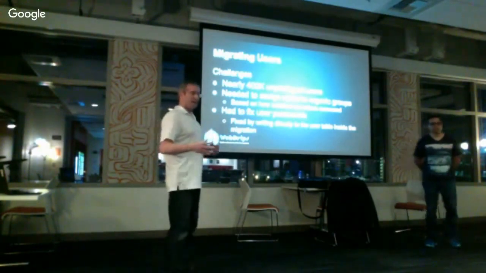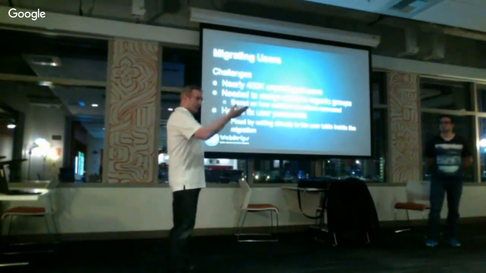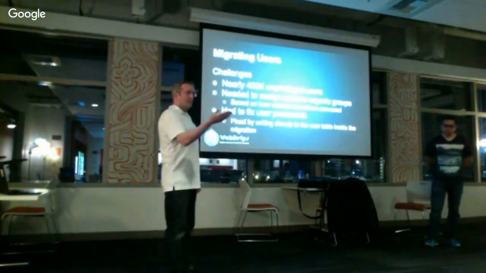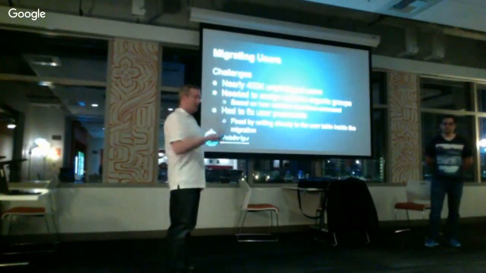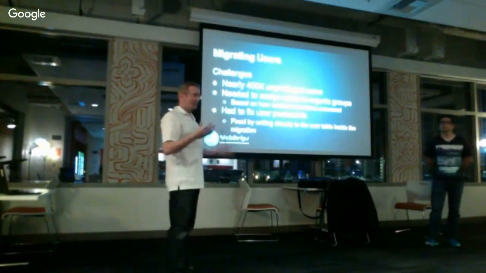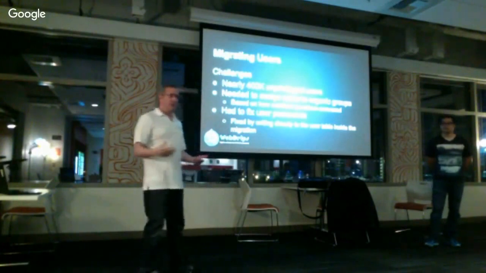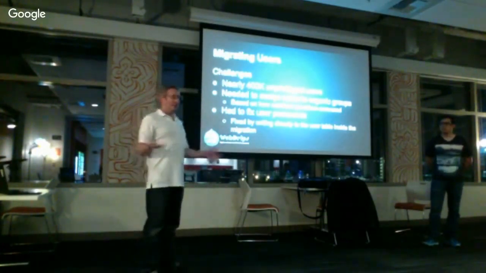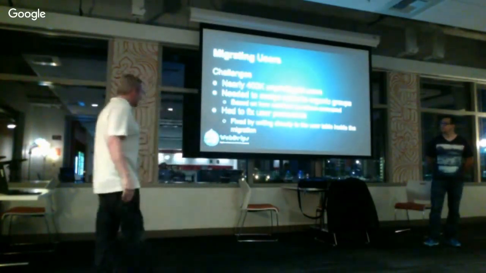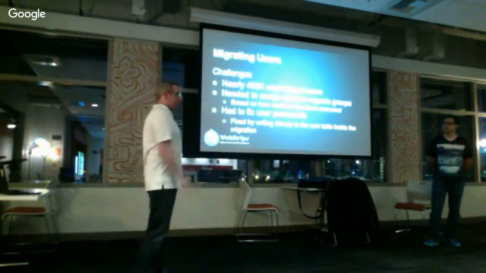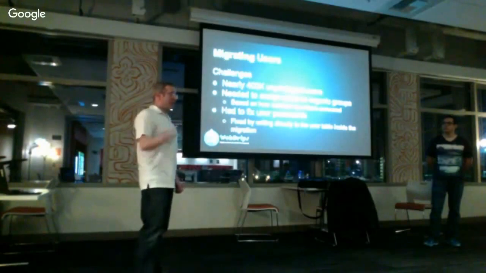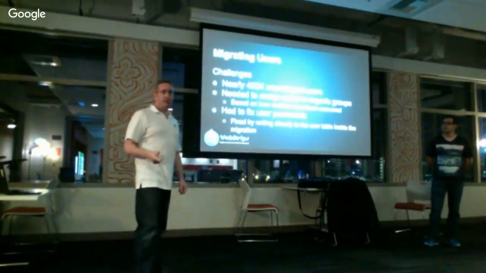We would monitor, and the database's percentage usage of the CPU would go up and up and up, but the PHP would stay the same, or vice versa. I can't remember which one it was, but we were trying a lot of stuff. So it was important to be able to do the users all at once. That's why we did not do an incremental migration, in case you're wondering.